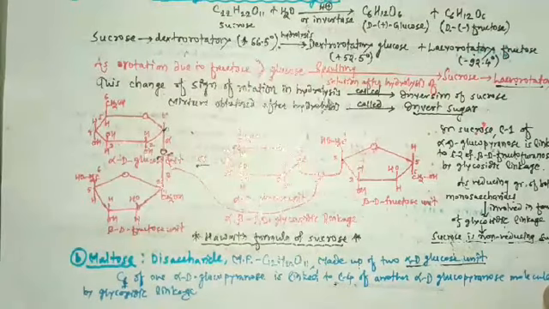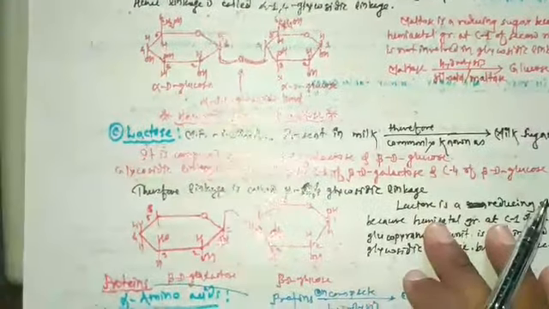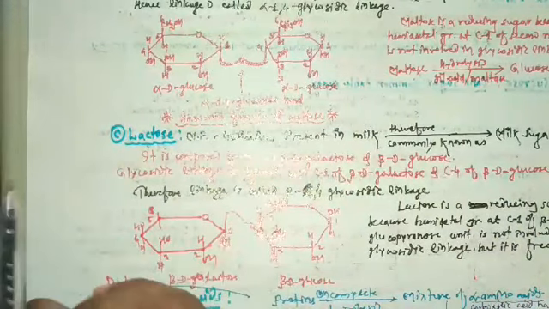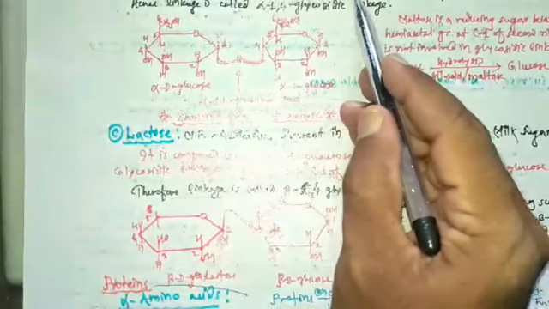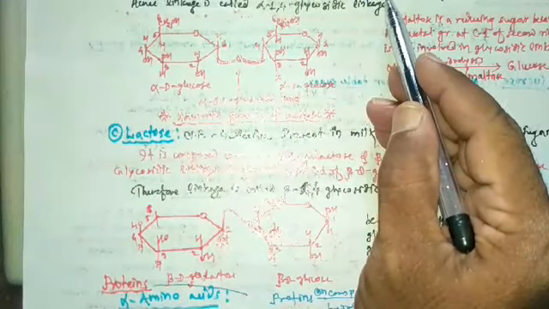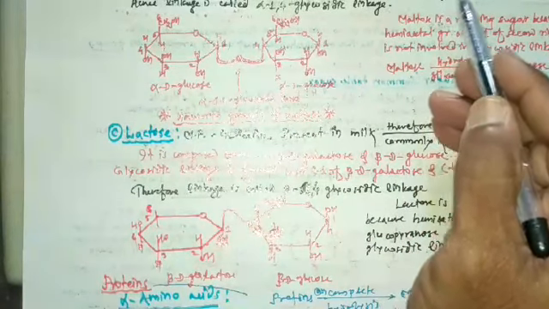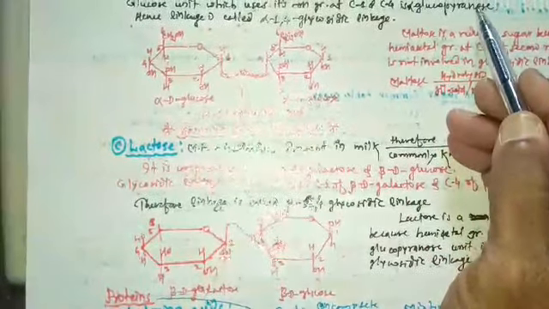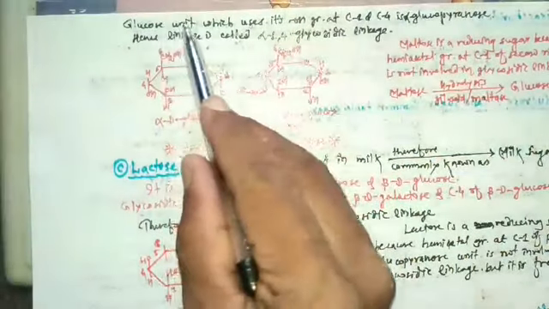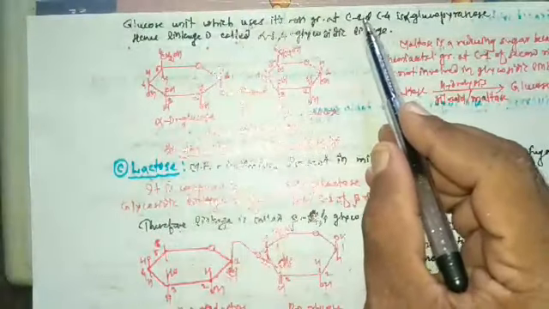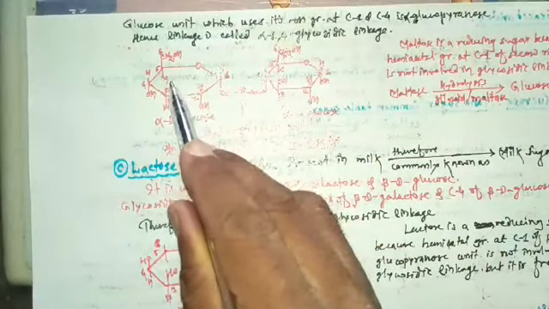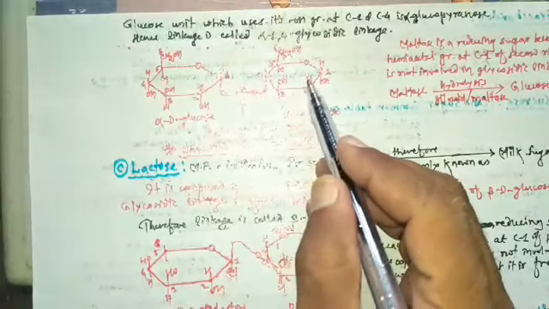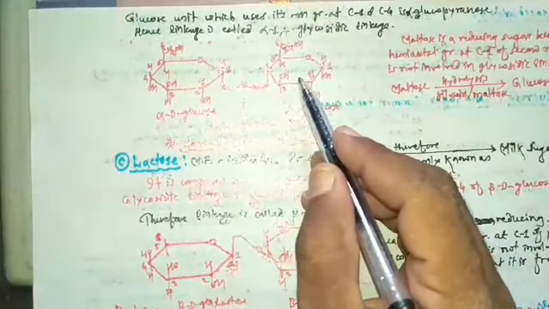So let's study the structure of maltose in detail. The glucose units, which use their OH groups at C1 and C4, are alpha glucopyranose structures. This is one alpha glucopyranose structure, and this one is the other alpha glucopyranose structure.